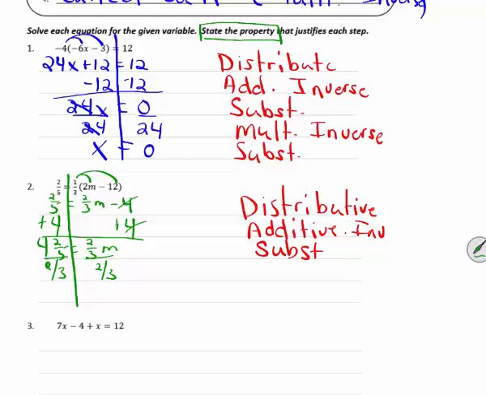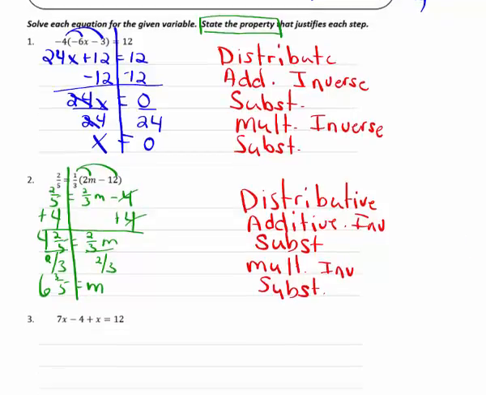So you better know how to use your calculators, whether they're on your iPad or whether they are one of the regular ones. 4 2/5 divided by 2/3 is going to give me 6 3/5. The two properties that I just did, multiplicative inverse and substitution.